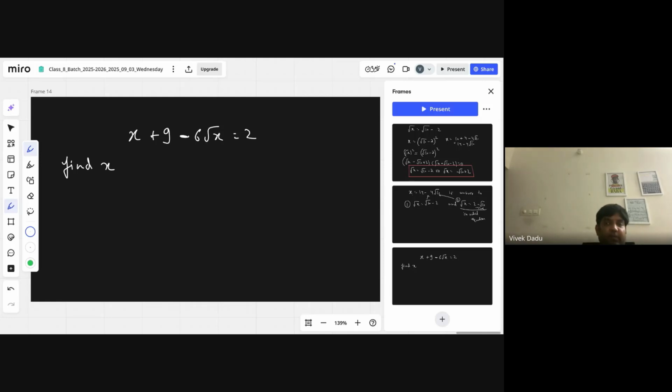Yeah, Rihan. But you overcomplicated it. You could have at the first stage itself understood that rather than bringing 2 to the left side, this is an identity. Correct, Sarah?